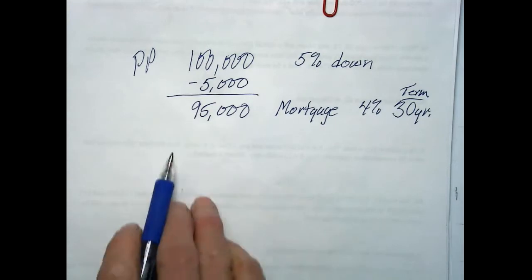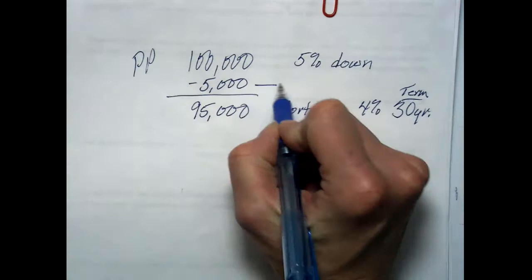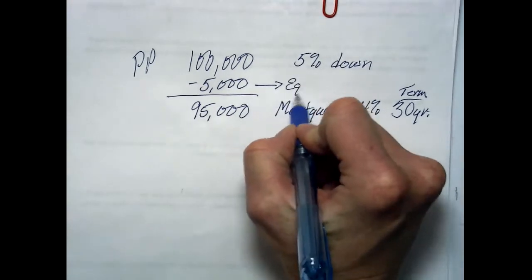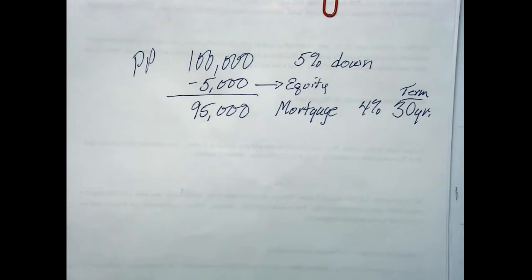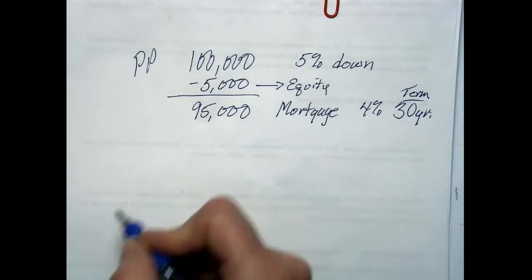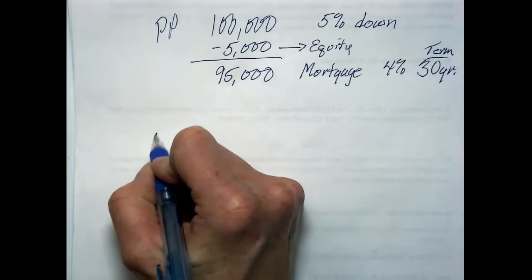Okay? The day we buy the house, our equity is $5,000. So we essentially own the garage. That's about it. Okay? So we get a mortgage. The bank is going to tell us we're going to have a monthly payment. So this is what you have to be prepared for at the closing.